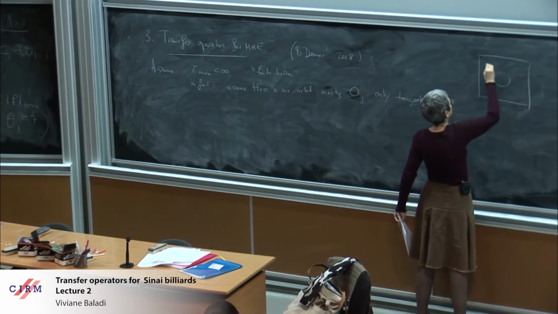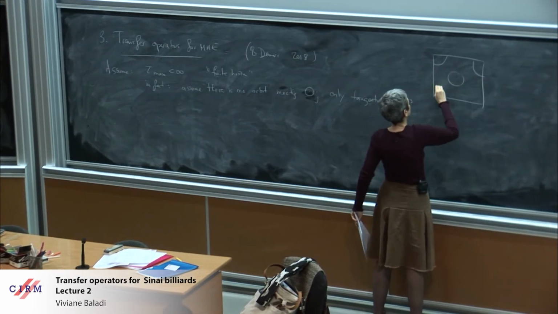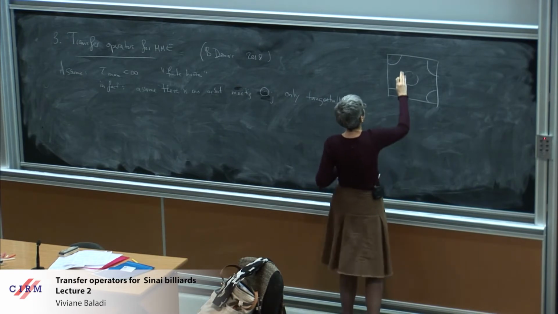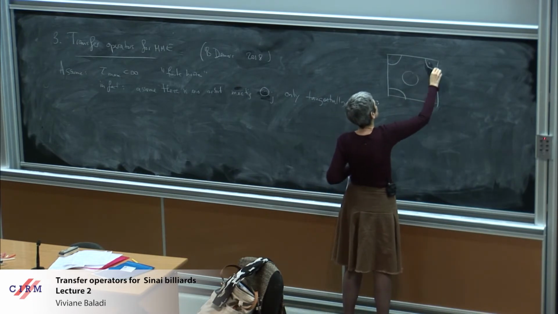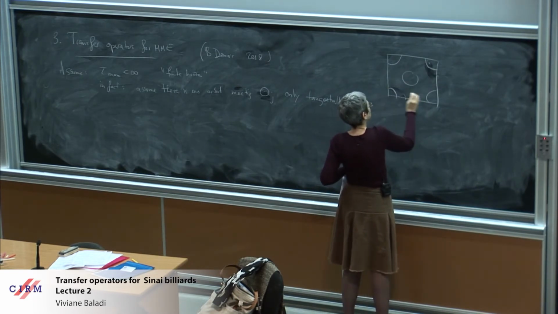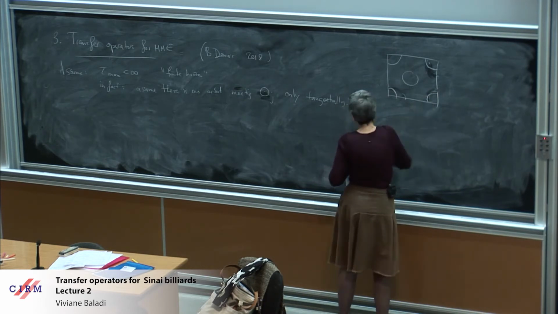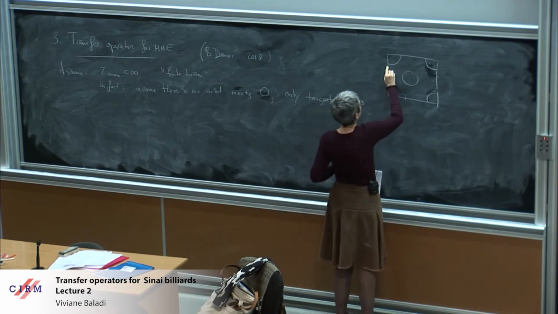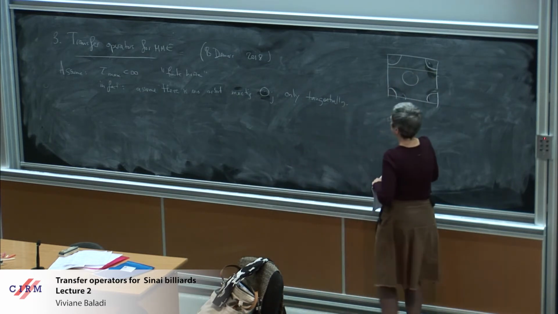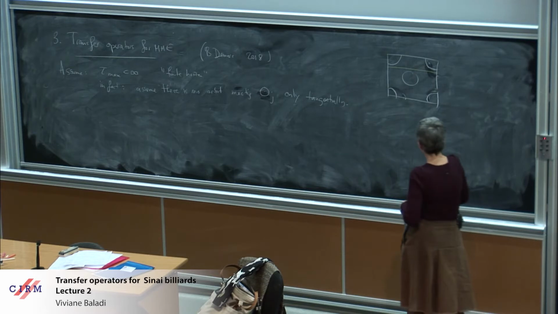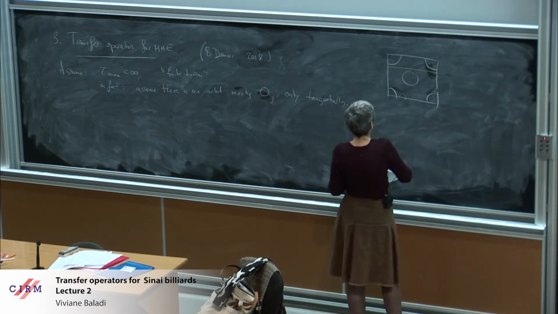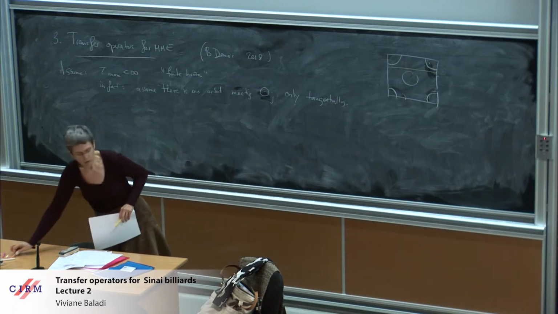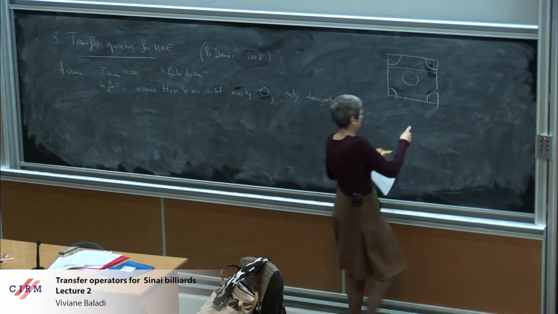So if, for example, this is not finite horizon, right? Because you have a, well, at least that's my intention, but it didn't turn out so well. So this is not finite horizon because you have a trajectory which doesn't meet any obstacle. And if I look at the limiting case, so what would be the limiting case?